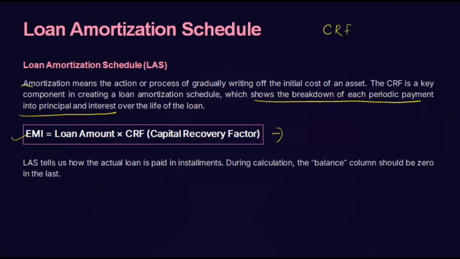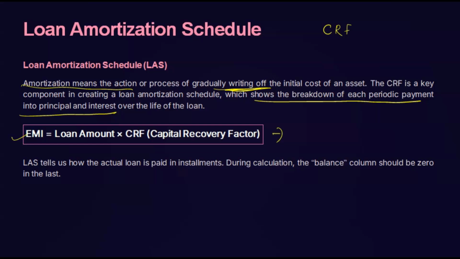Amortization basically means the action or process of gradually writing off the initial cost of an asset. Initially some amount was there, then a person is paying that amount in equal installments. So how is it getting written off?